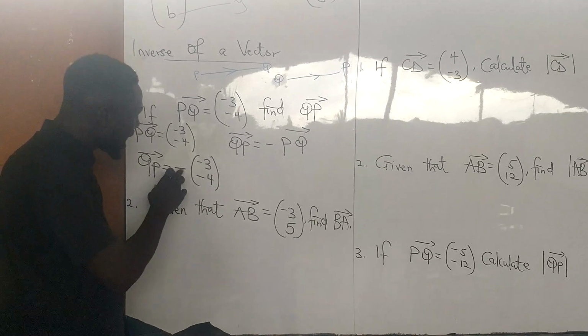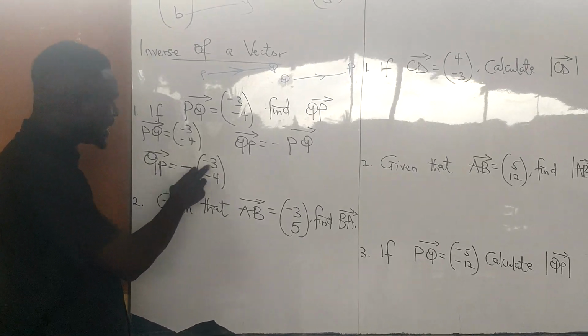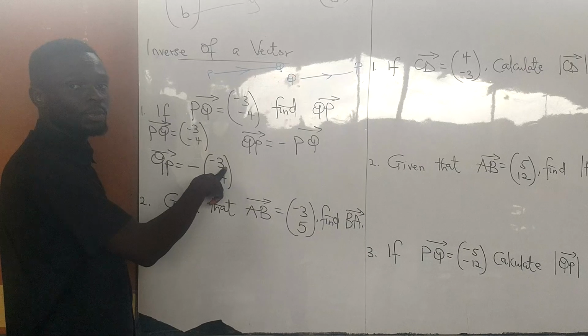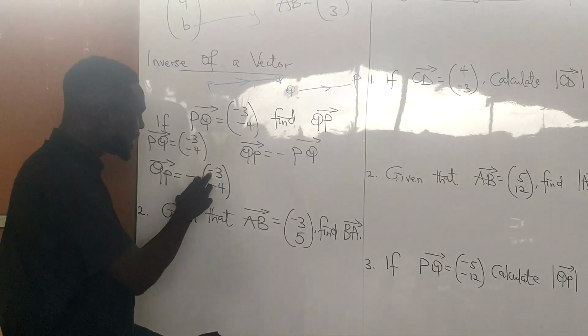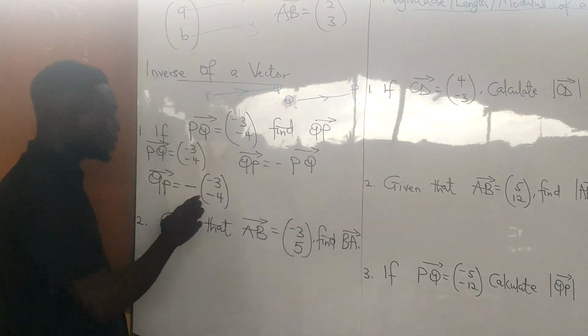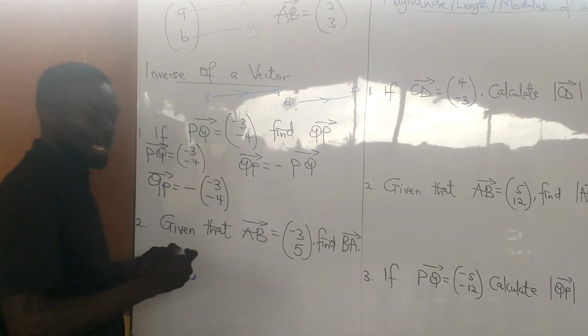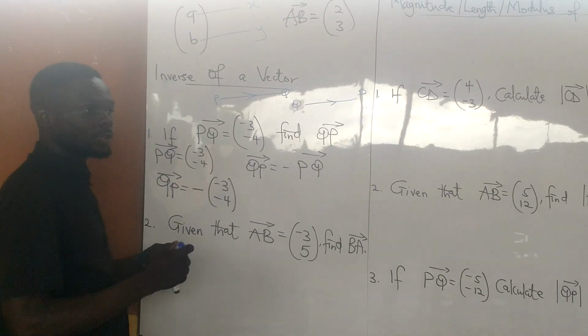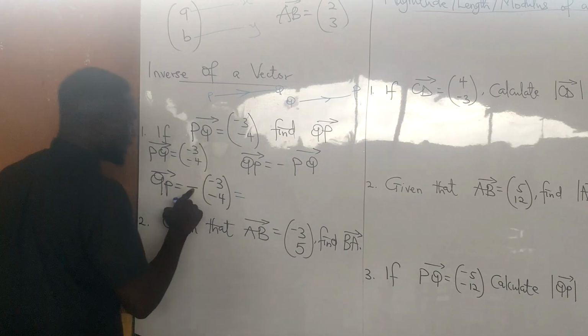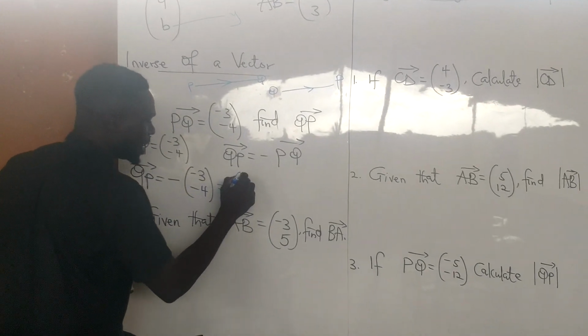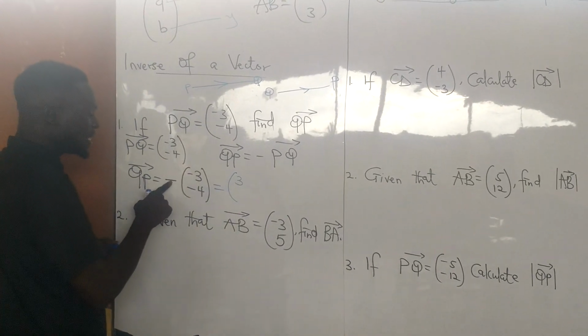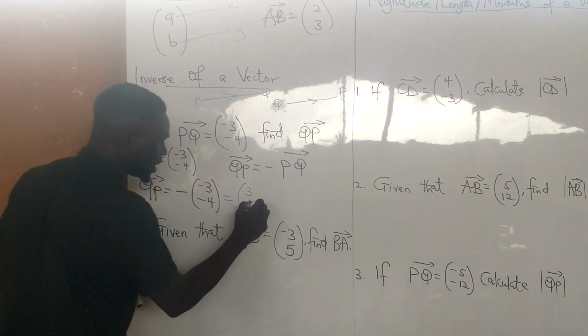So here multiply the negative by the values. Negative times -3 gives us positive 3, because negative times negative is positive. And negative times -4, I am going to get 4.